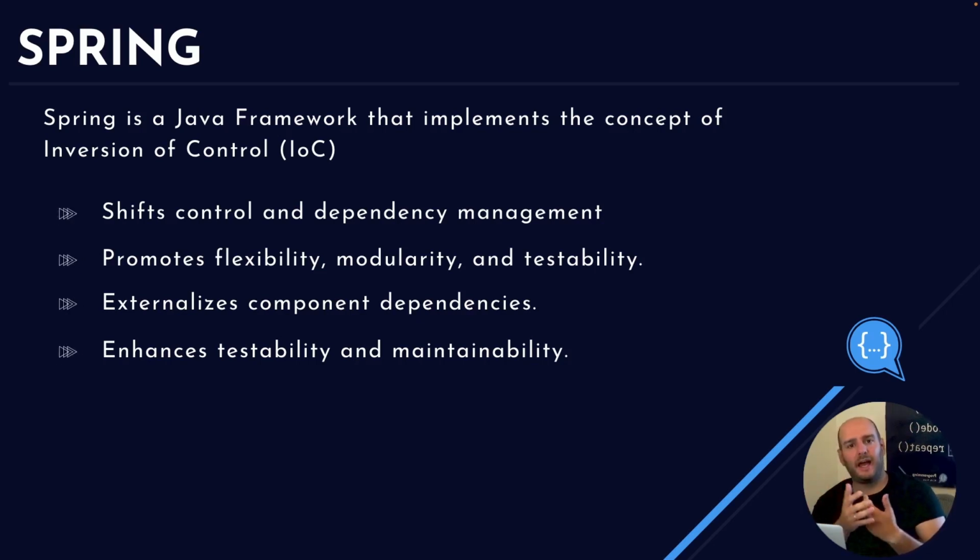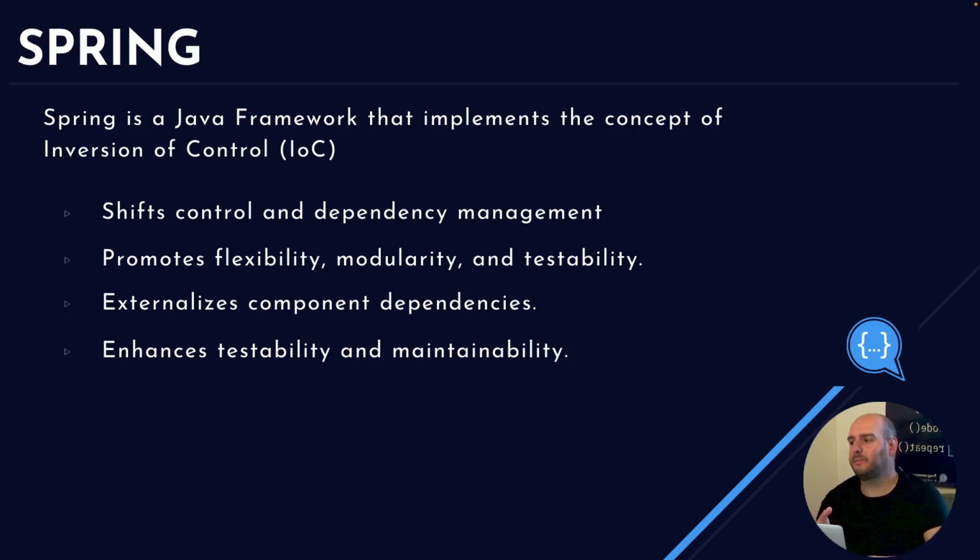So instead of having to know implementation details in advance, you can postpone that to the moment of runtime so that you can have more flexibility and it will give you more modularity and testability. You can externalize components and you can enhance the testability of the whole application.